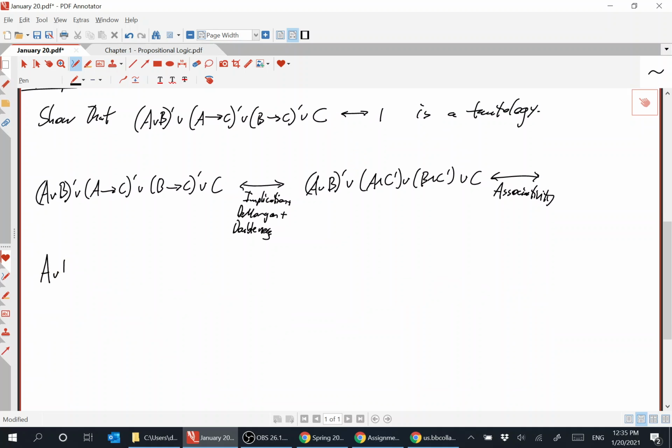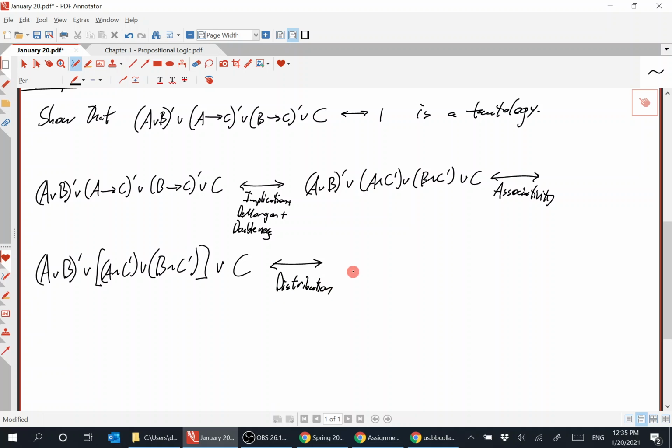So this is going to be A or B, not, or, and I'm going to group these two together, A and C naught, or B and C naught, or C. Just putting that parentheses there so that I can apply distribution.